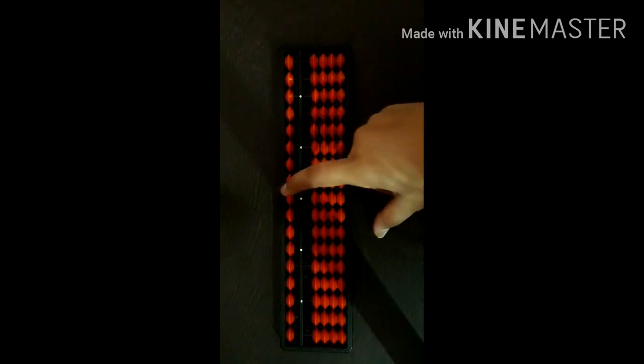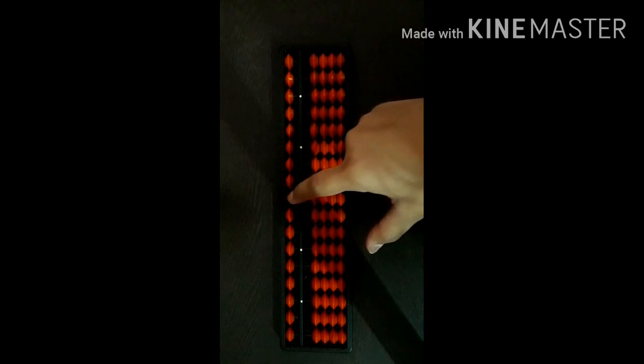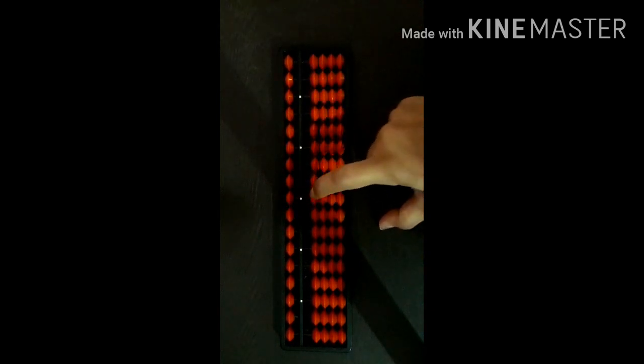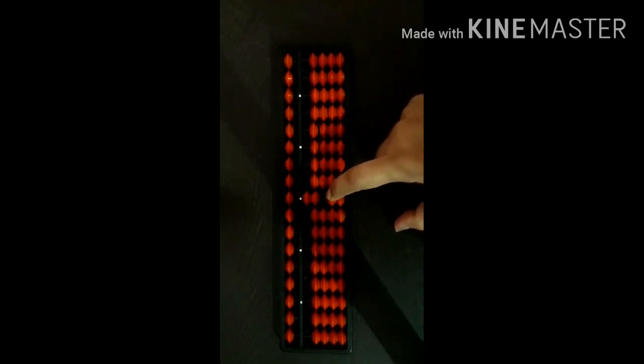In the units rod, the upper bead is 5 and the lower beads are 1, 2, 3, 4.